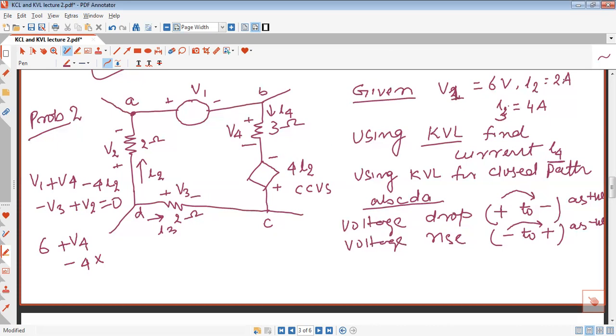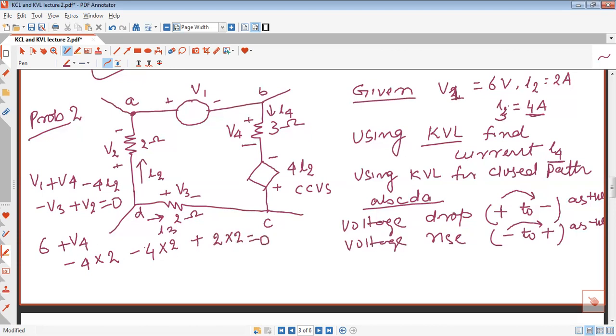I2 is given as 2, so 4 multiplied by 2 is written here. Now coming here, minus V3. V3 is how much? The current is I3, given as 4 ampere, and the resistance is 2. So by Ohm's law, current multiplied by resistance is the voltage here. Now we go to V2. I2 is given as 2 and the resistance is 2, so from Ohm's law this is plus 2 multiplied by 2, equal to 0.